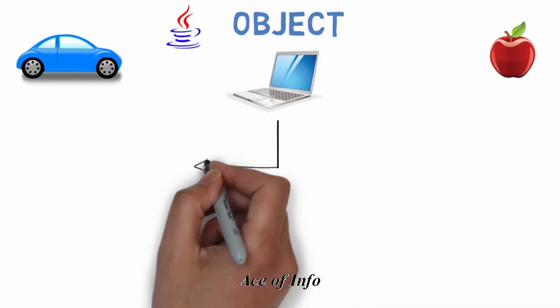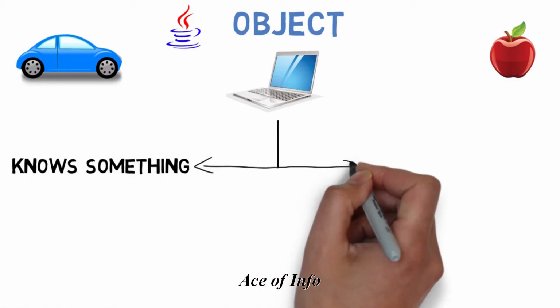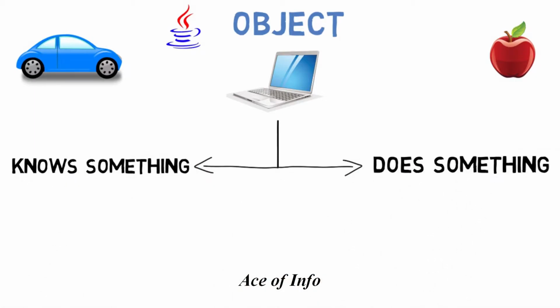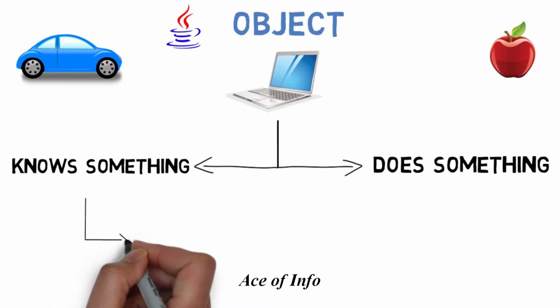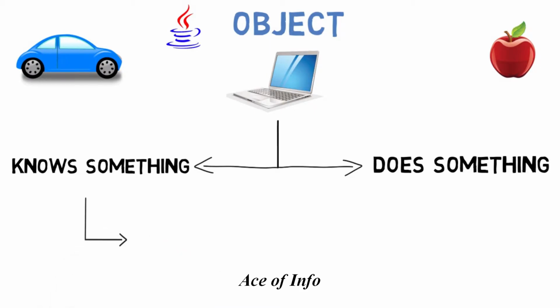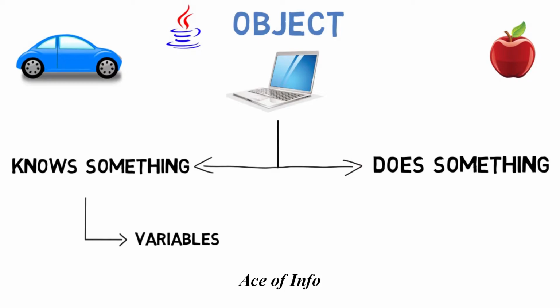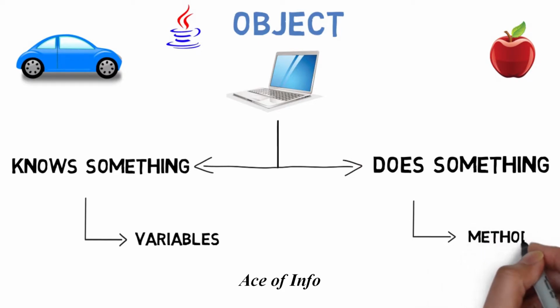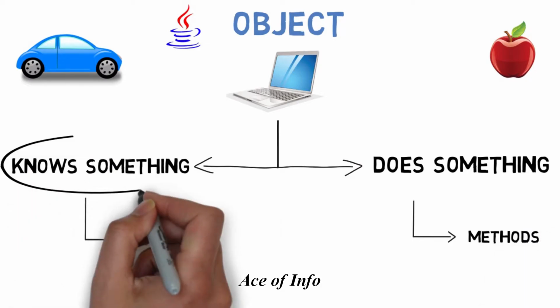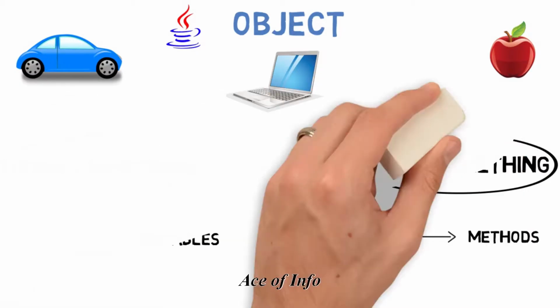Now, your laptop always knows something and does something. When we say a laptop knows something, it has a color, a structure, a logo, or various things. In programming, it's like variables. When we say it does something, a laptop plays music, runs software, builds apps, and many other things. In programming, it's like methods. This is the logic behind objects. So an object knows something and does something.